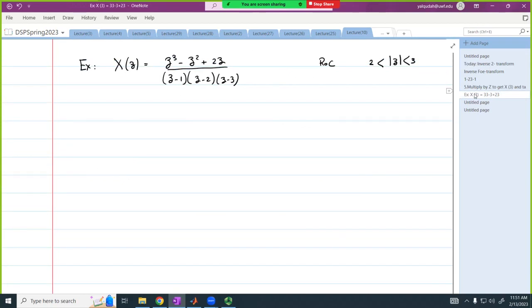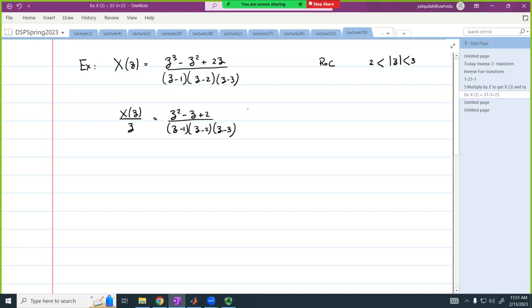So we're going to do the same thing. What is the first step? Divide by z. So since we have here z in the numerator, it's going to cancel out. So we're going to have z squared minus z plus 2 divided by z minus 1 multiplied by z minus 2 multiplied by z minus 3.